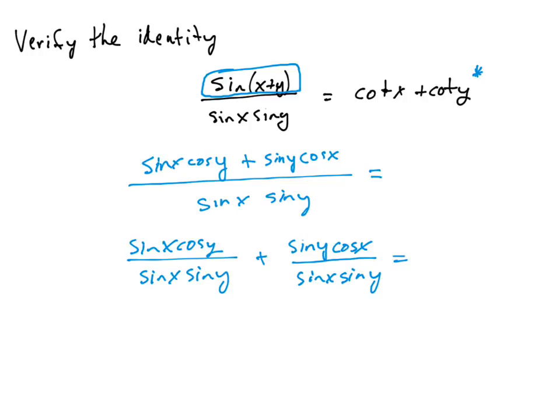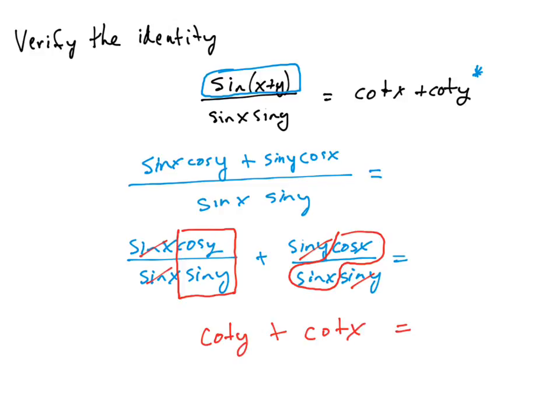And the reason to do that is because sine x and sine x will cancel here, and then sine y and sine y are going to cancel here. And what we have left is cosine y over sine y. Well, that is just cotangent of y. And then here we have cosine of x over sine x. So that is cotangent of x. And that's exactly what we have on the right hand side. I'll write this in the same order. And that's it.